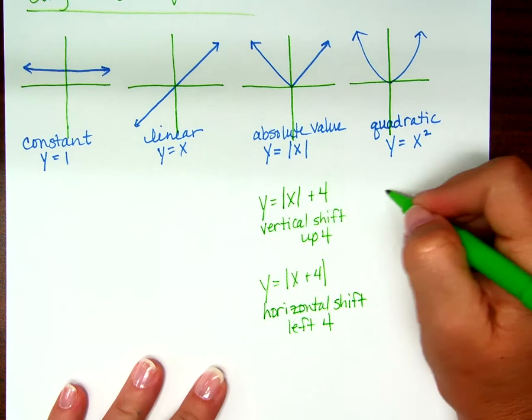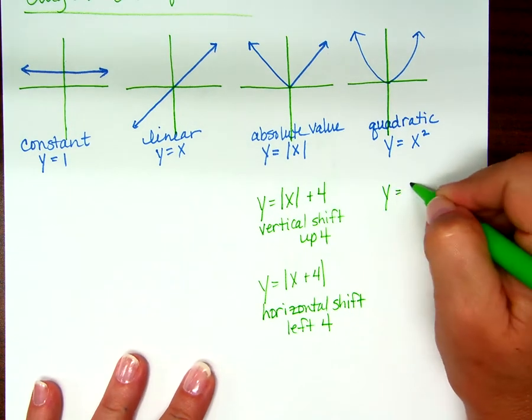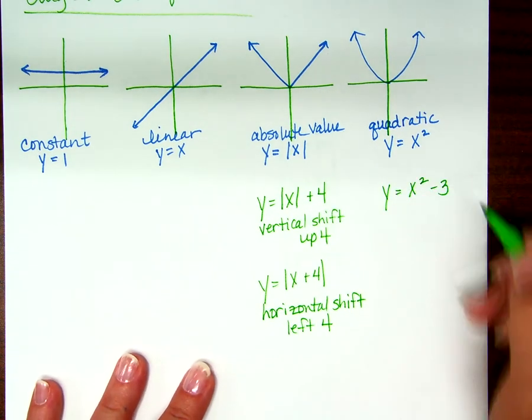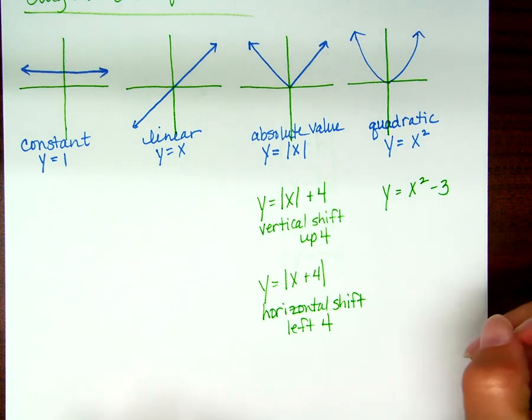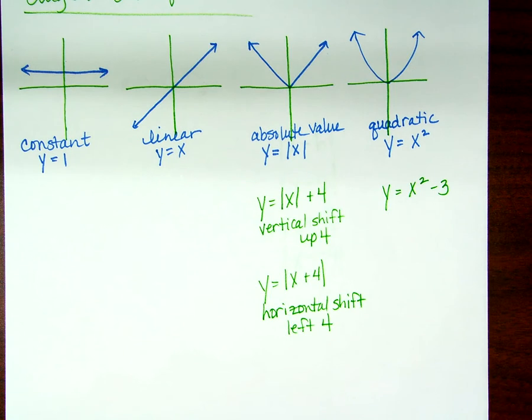What about then if I say y equals x squared minus 3? What kind of transformation is that going to be compared to its parent?